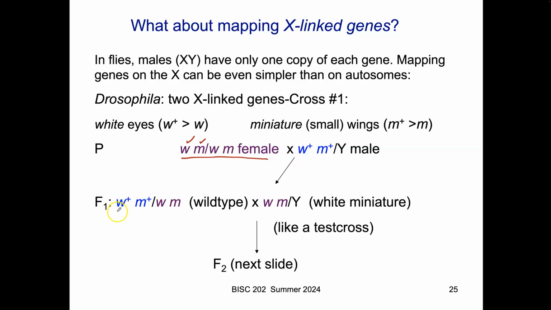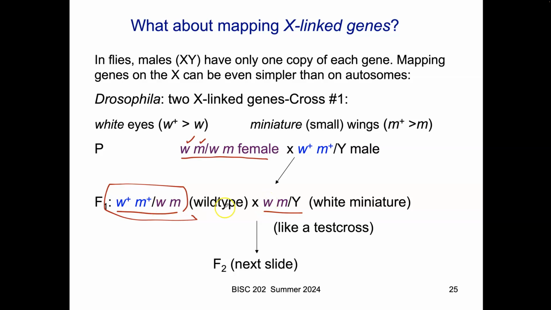The females that we generate from this, the F1, are going to be all wild-type, and the males are going to be mutant. And so they're going to have an X chromosome with the 2 mutations on it, or a Y chromosome. And so we can just look at crossing over or independent assortment in this female, and the male is only contributing either a Y or mutant alleles.